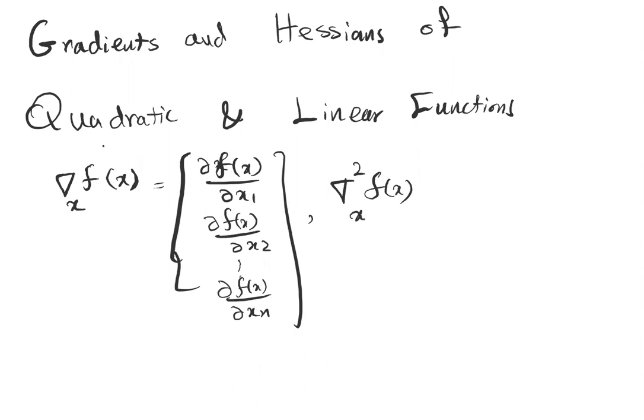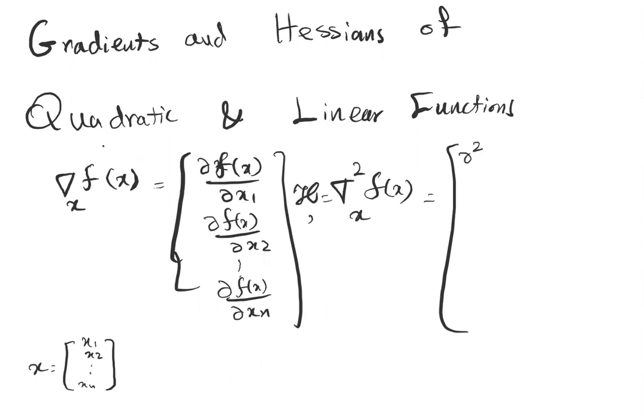Something I want to note here: x is a vector. So we mainly focus on the scenarios where the input is a vector of variables. This is also the Hessian of f of x.